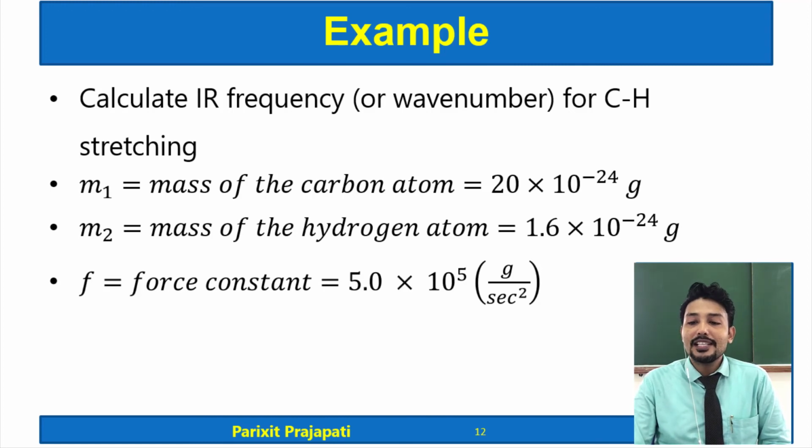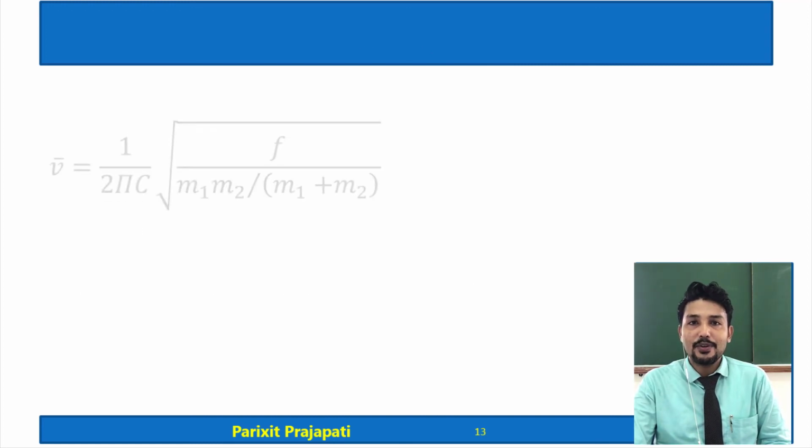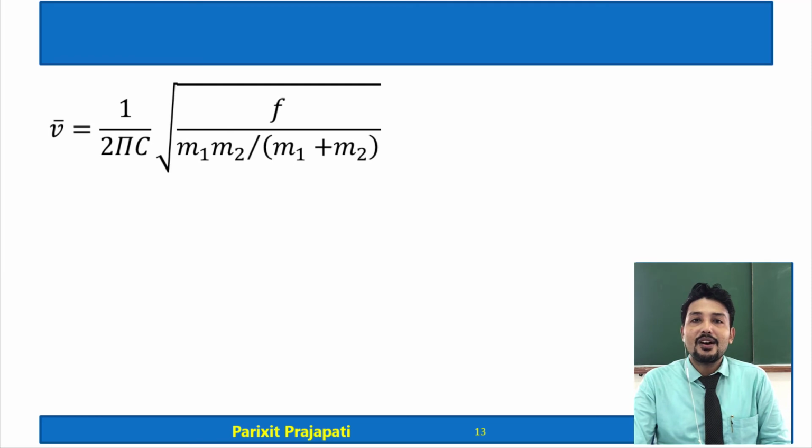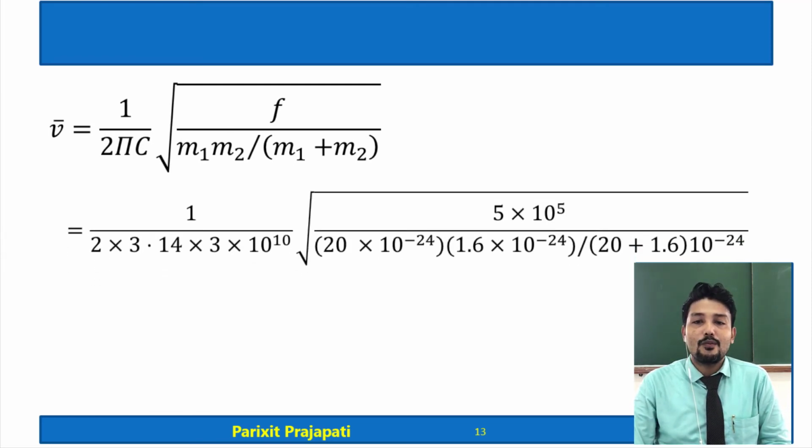So by putting all these values in Hooke's law equation, see here: 1 divided by 2 pi, pi is 3.14, into c, that is 3 into 10 raised to 10, then under root F, the force constant, 5 into 10 raised to 5, then M1 is 20 into 10 raised to minus 24 gram, M2 is 1.6 into 10 raised to minus 24.